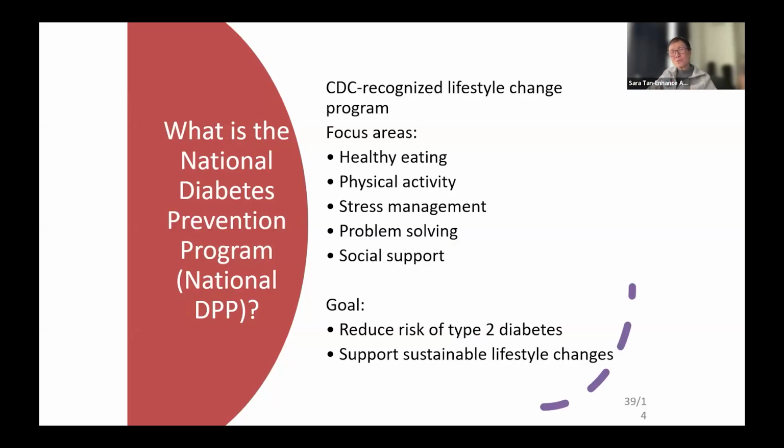Why do we want to do stress management? When you have diabetes, you may have many other problems. Chronic disease comes up as well. You might have high blood pressure, kidney problems, vision problems, foot problems, and many other things. It is very stressful to manage your diabetes, right?